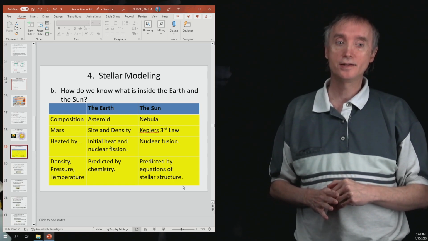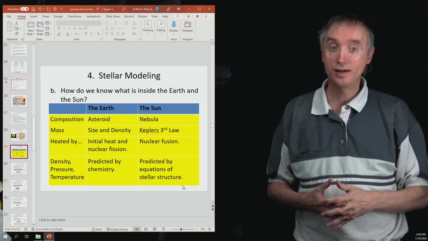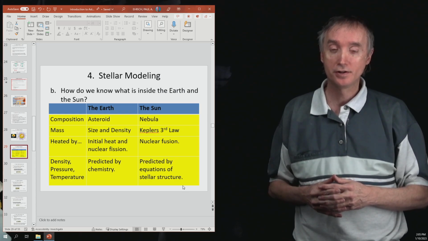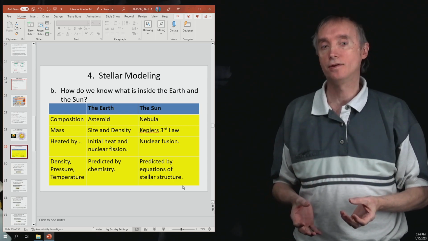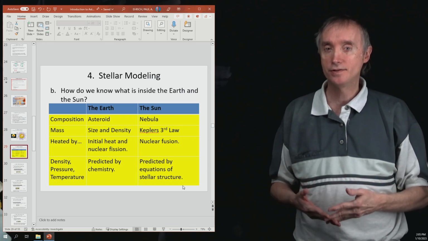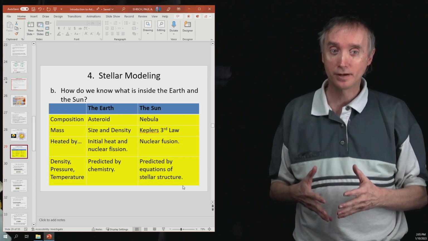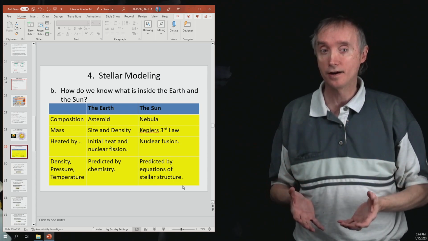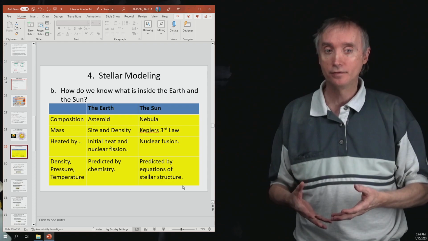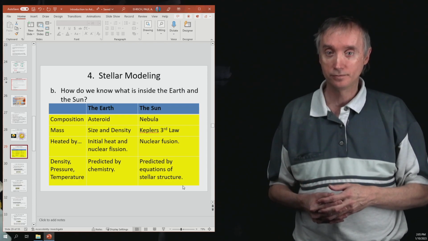Okay, then the next thing is, how do we know the mass of the Earth? So again, we have to assume. If we know the size of the Earth, the radius of the Earth, and if we know the approximate density of the Earth, and we get that by knowing that the Earth is composed of iron and nickel with a smattering of other rocks, we can now figure out what the mass of the Earth is.